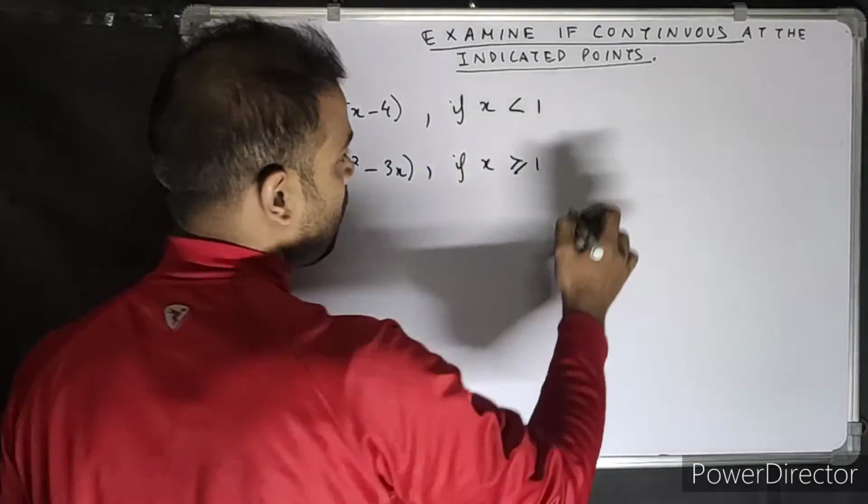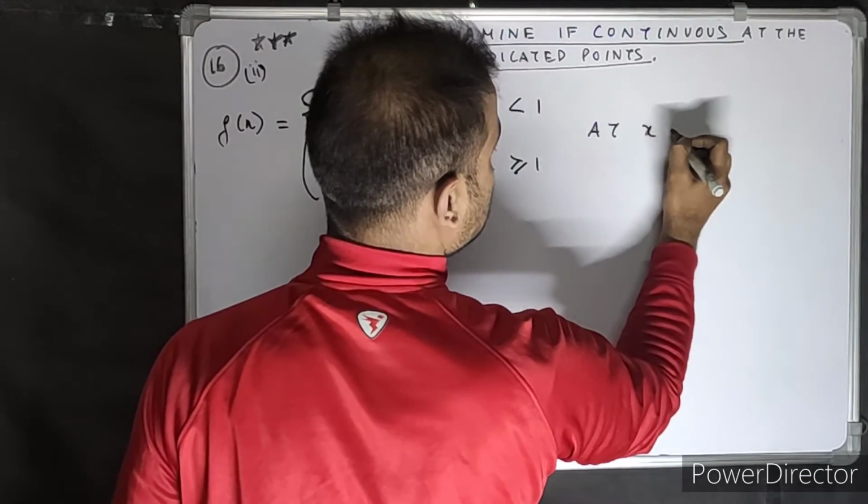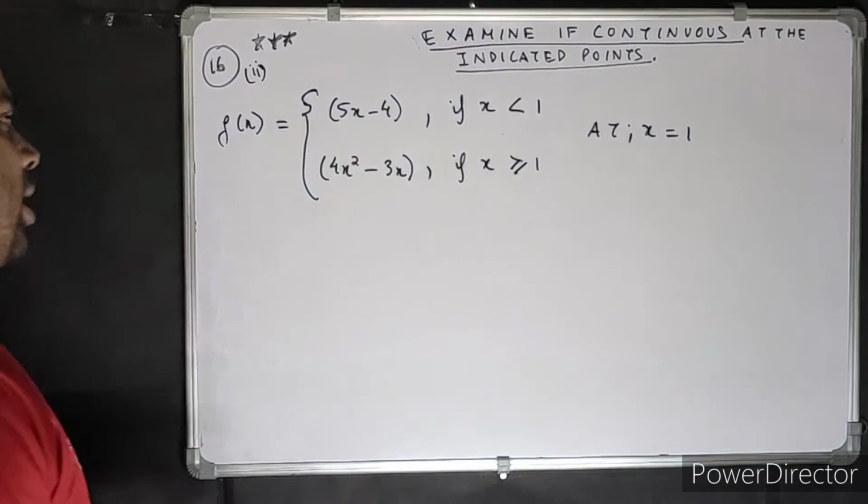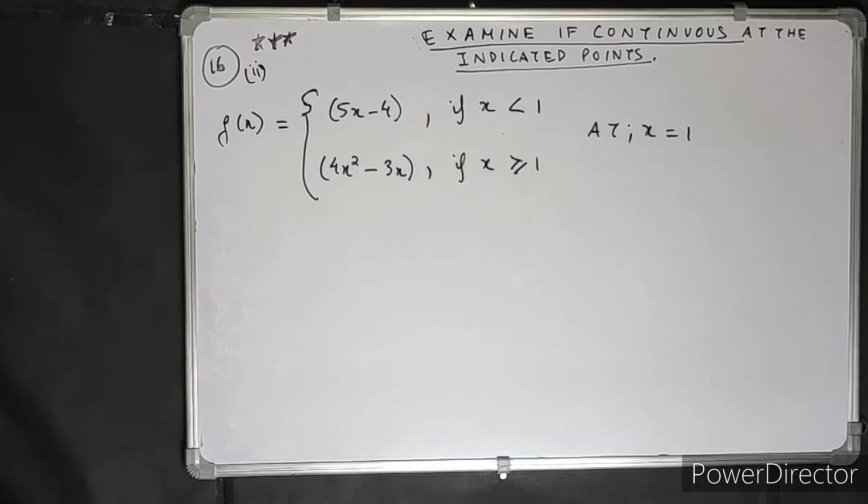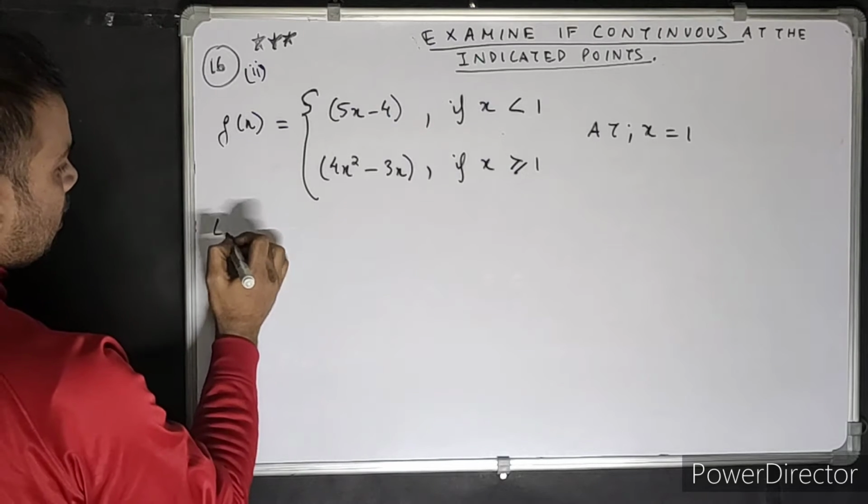Okay, and you have to check whether it is continuous at x equal to 1. So let's start with the left hand and right hand limit.